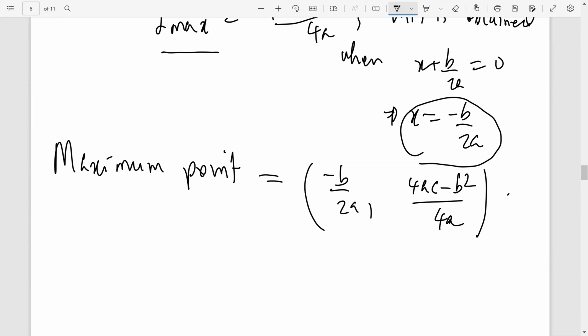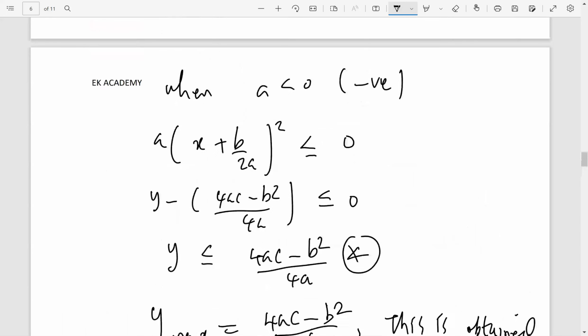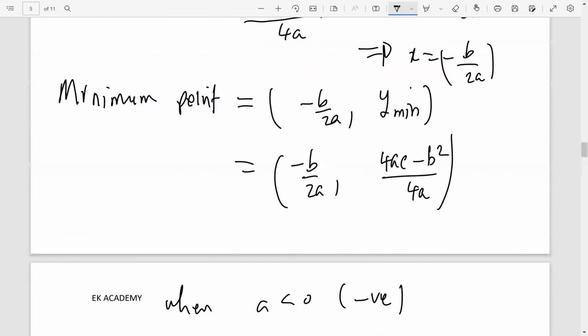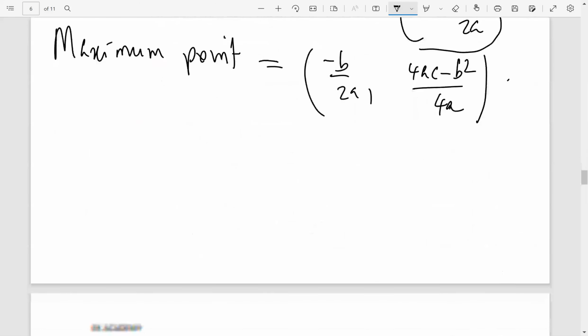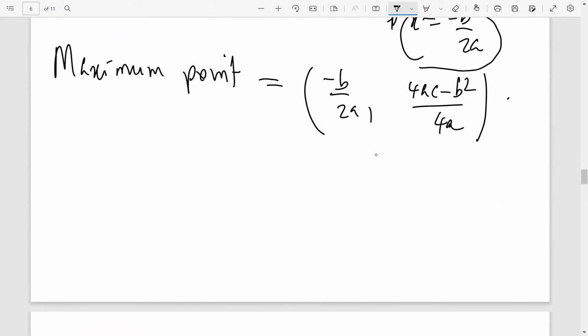So the expression for finding the maximum or minimum value is the same. As you can see here, the minimum point is the same as the maximum point, dear students.